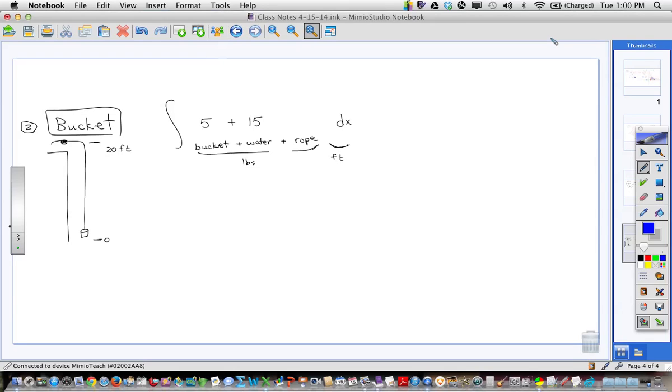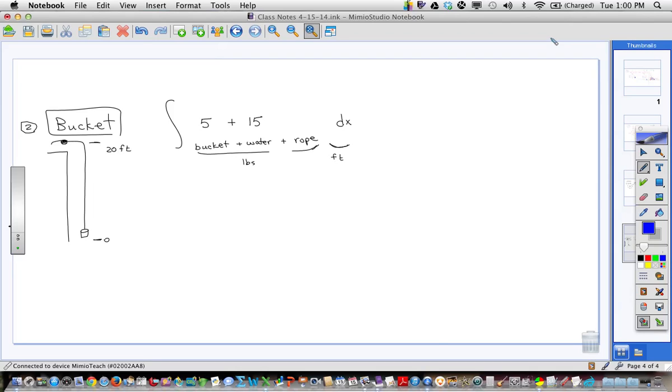Now, in physics class, you would just say, okay, we're going to have 20 pounds. We're going to lift it 20 feet. That would be 400 foot-pounds, right? And we would ignore the rope. Or we would just see how much 20 feet weighs, and we would just do that. But we're going to figure this in.